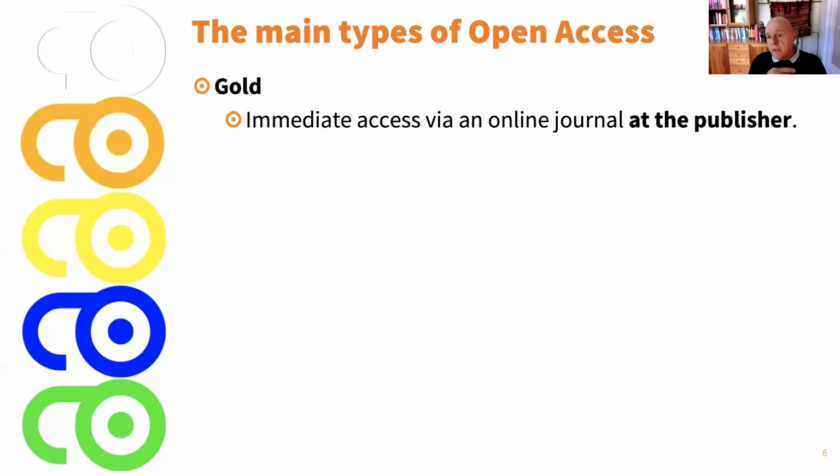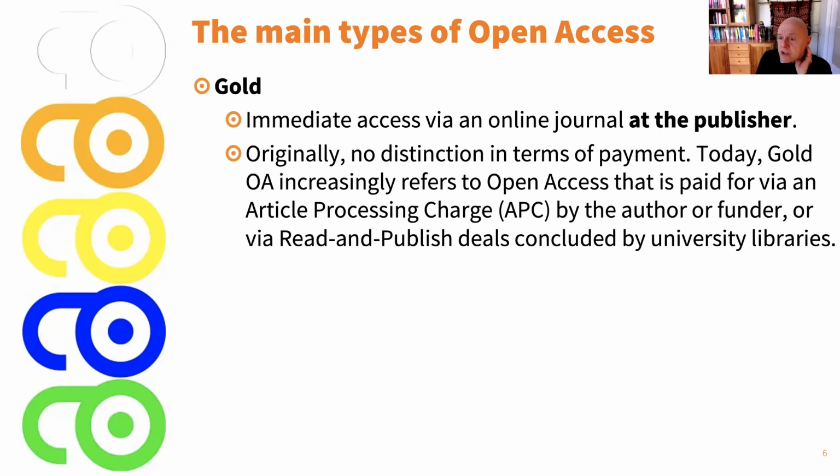Let me talk about the various business models for open access. Those are usually indicated with colors. Gold open access is the term that is used for immediate access via an online journal at the publisher. Originally in gold open access there was no distinction made in terms of payment.